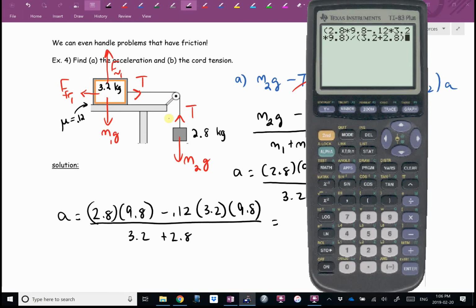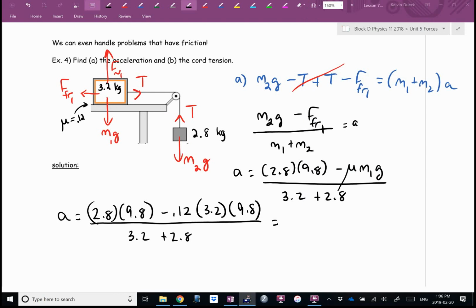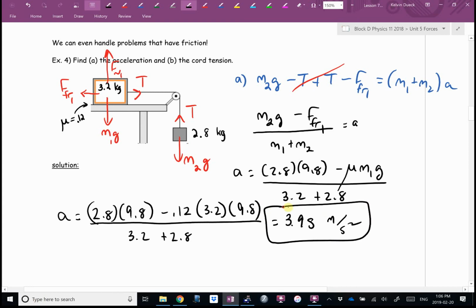So I know I'm going to get an answer less than 9.8. If I don't, I've made a typo. You get 3.9461333? I'll go 3.95 meters per second squared.